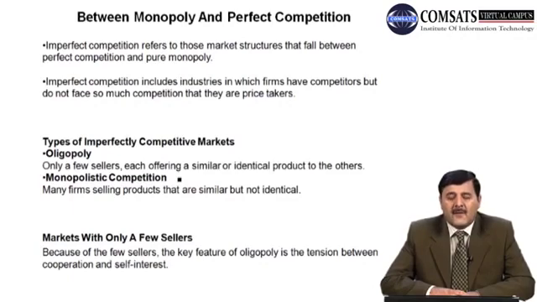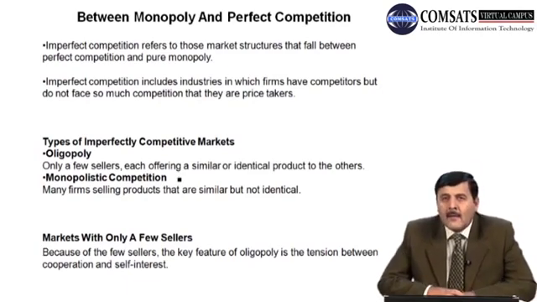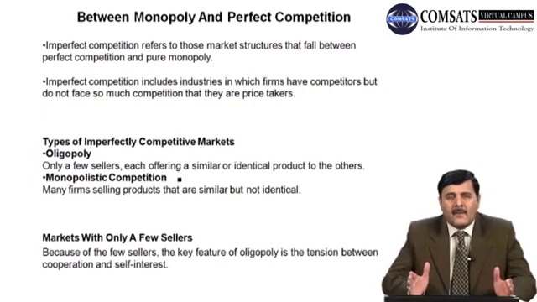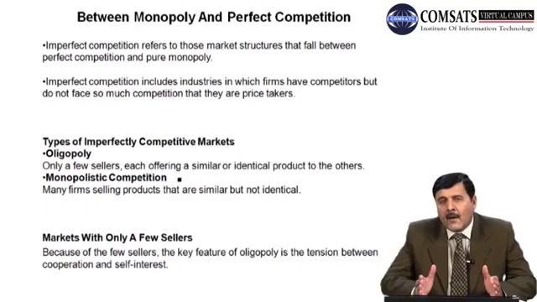So imperfect competition refers to those market structures that fall between monopoly and perfect competition. जैसा कि हमें मालूम है, in case of monopoly there is only a single seller of the product, and in case of perfect competition there are a large number of sellers. So this imperfect competition lies between monopoly and perfect competition. तो दोनों के दरमियान में है.